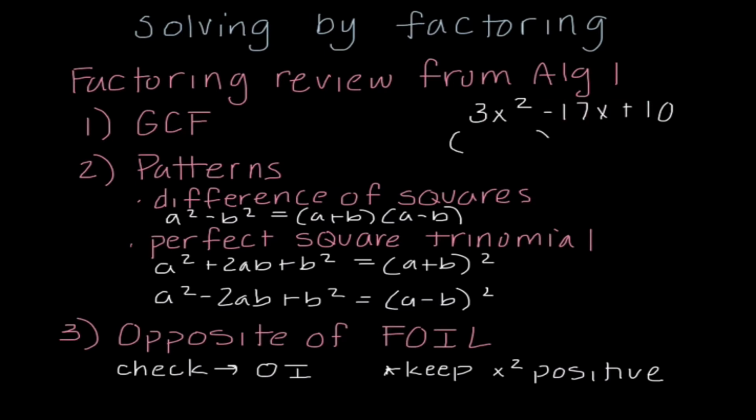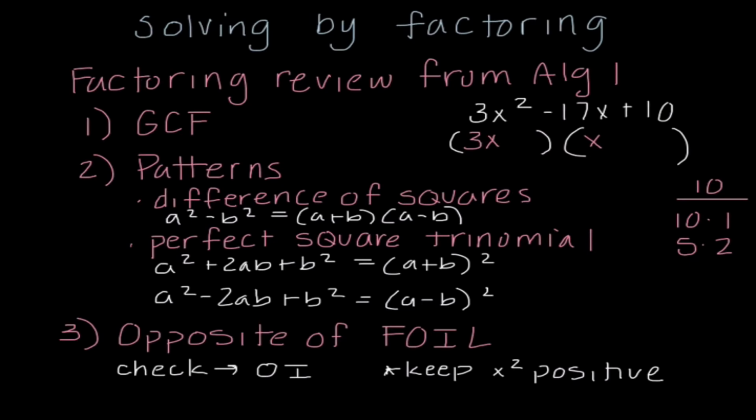So when I'm factoring this time I need to think what can multiply to be 3x squared. My only option would be a 3x and an x. Okay, if I think about 10, I know we could have 10 and 1, I could have 5 and 2, and that's about it. And they could also be negative. I need to think, when I put them in here, when I multiply the inside here and the outside, will they multiply to be negative 17x?